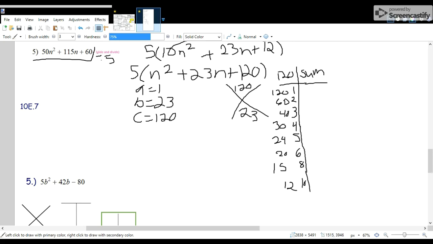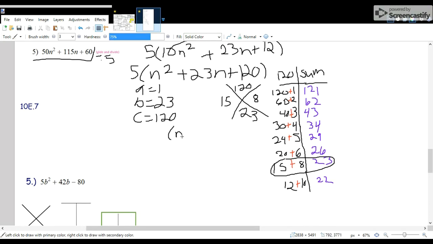Let's add them together to find our sums, and then compare to see which one is our b. It's 15 and 8. So the two numbers we're going to use are n plus 15 and n plus 8.